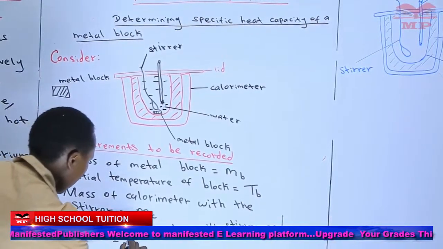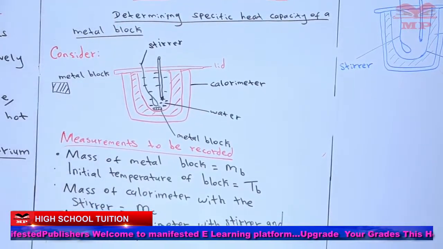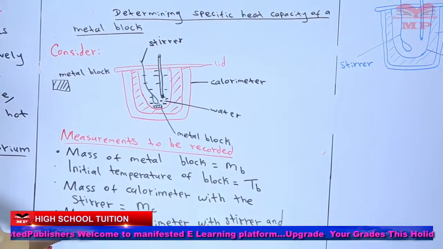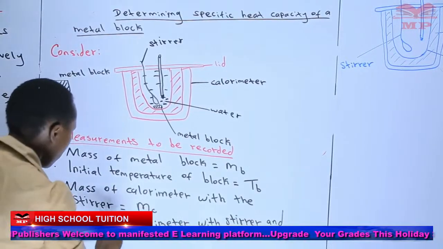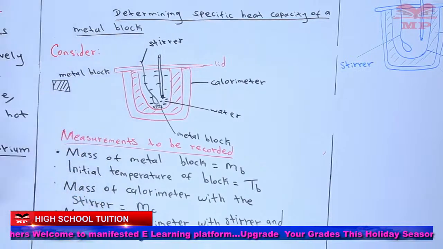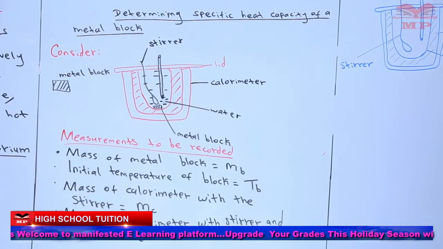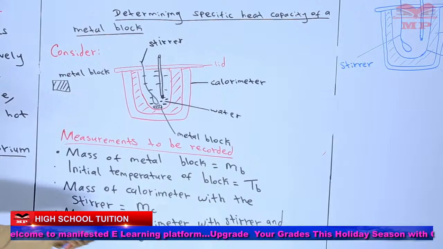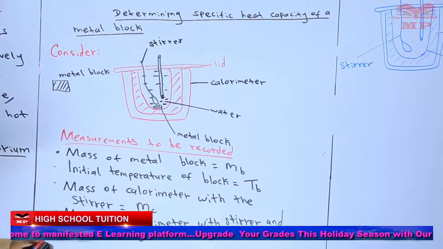We can give it another measurement symbol, the mass of the calorimeter with the stirrer and the water. We can put ms. We can use any letter, but for our case let's use ms.